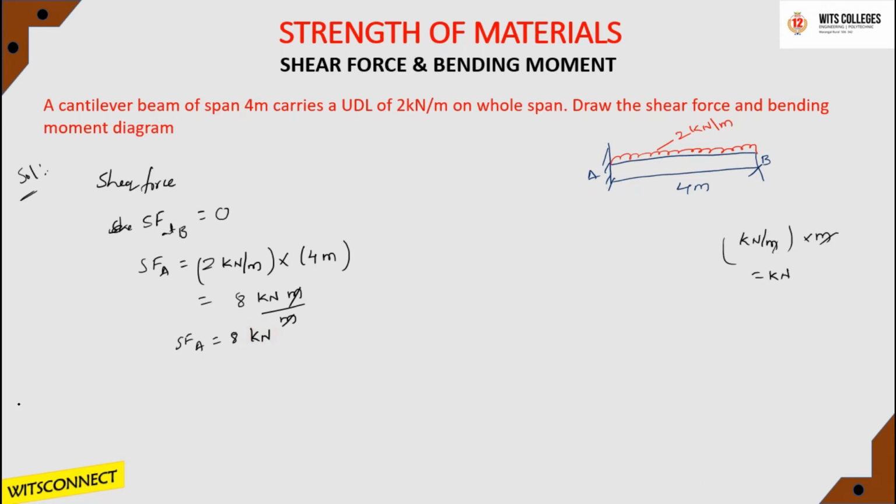Okay, same for bending moment. Bending moment at B is 0. Why? Because in a cantilever beam, at the free end it is 0.